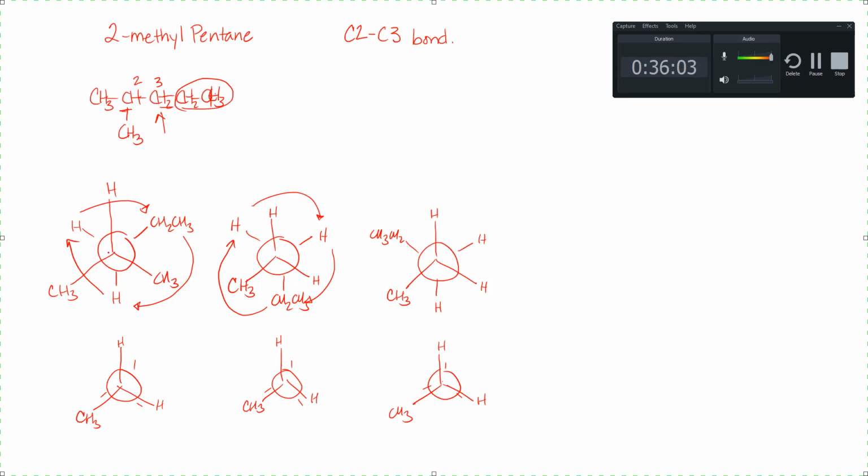Now to go from the staggered conformation to the eclipsed, I have to move this ethyl group either clockwise or counterclockwise, but not 120 degrees, only 60. Let's bring it down 60, and uh-oh, what happened? So this is another mistake that you could potentially make. Notice that I did not carry my CH3 groups on the front over.